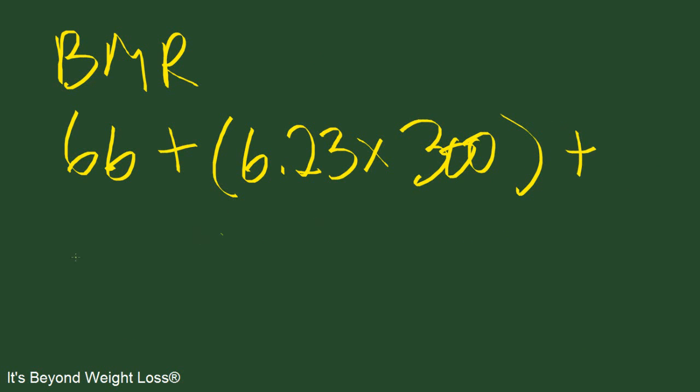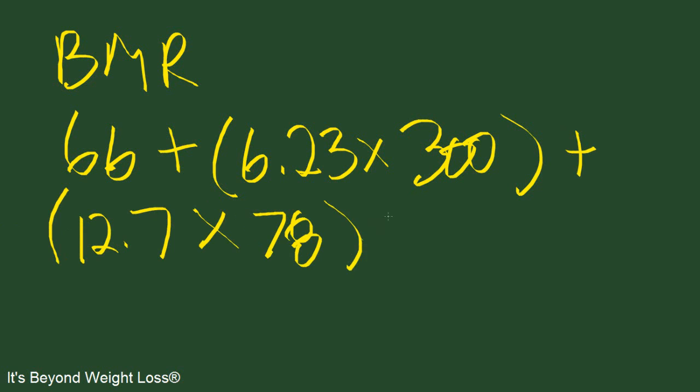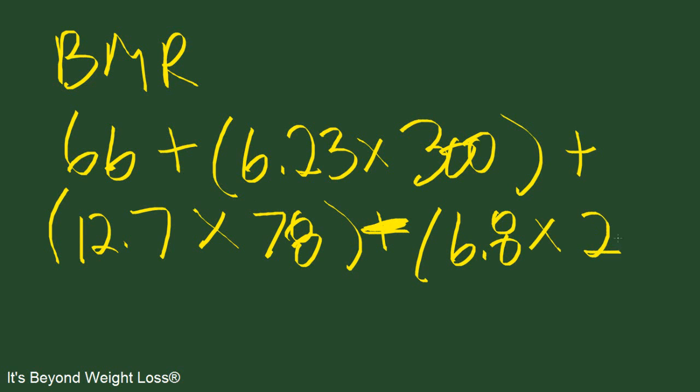Yes, I know that's unhealthy, and that's why I have decided to lose weight. Times my height, so this is 12.7 times my height in inches. I am 6'6", so that would be 78 inches. Plus, this is minus 6.8 times my age, which is 29 years old.